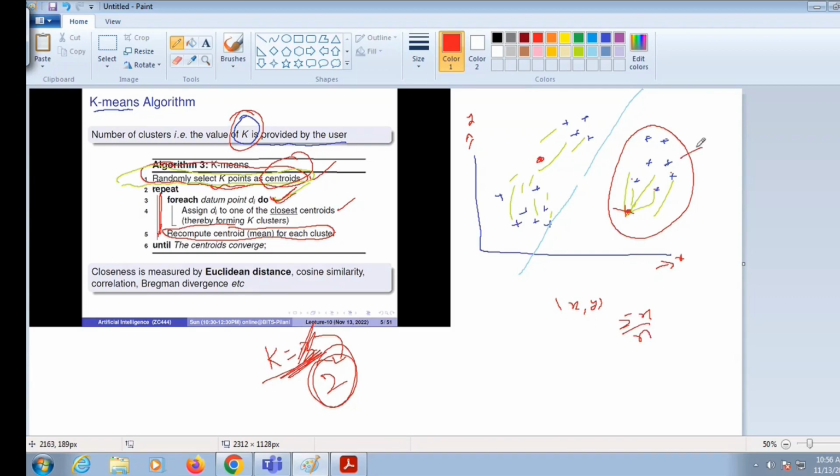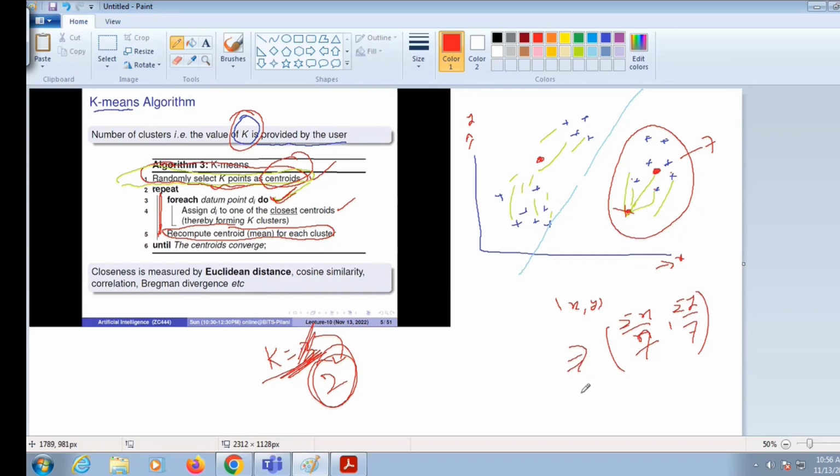Let's assume here how many data points? 1, 2, 3, 4, 5, 6, 7. Seven data points are there. So summation of x divided by 7, and similarly summation of y divided by 7. The point would come somewhere here. Am I right or not? Yes or no?